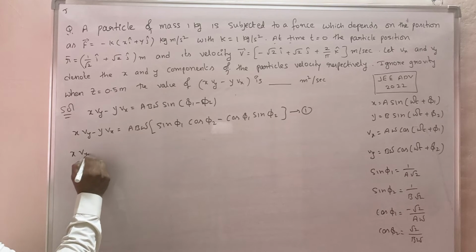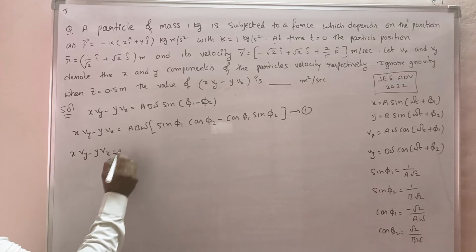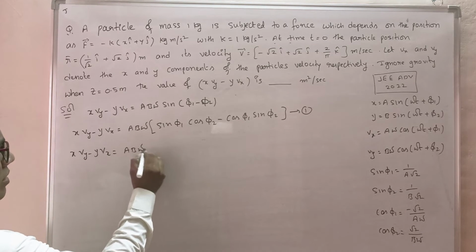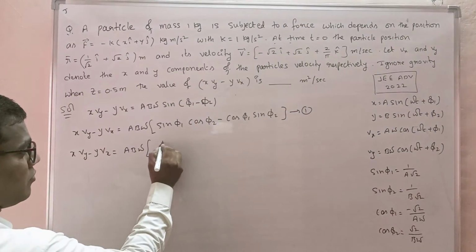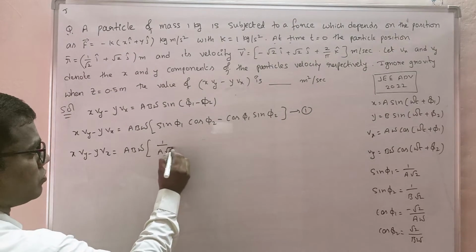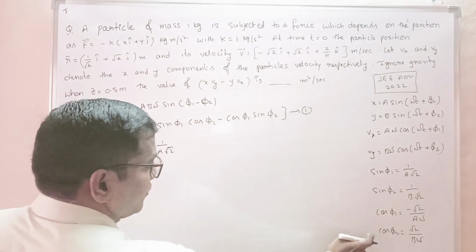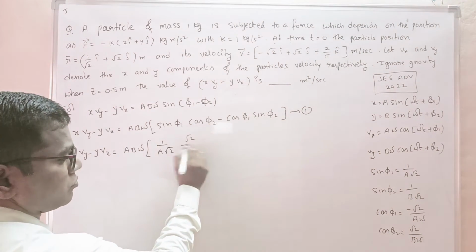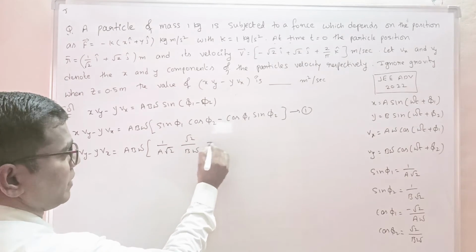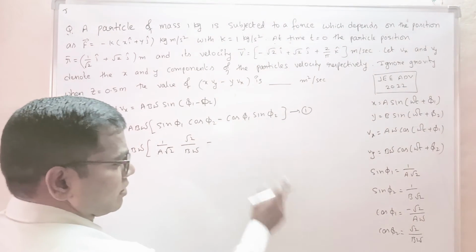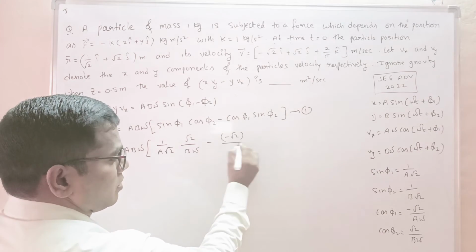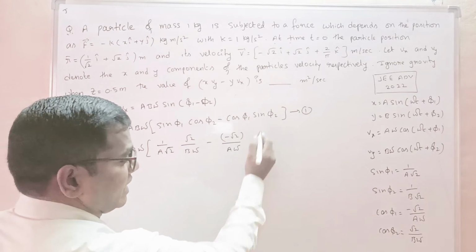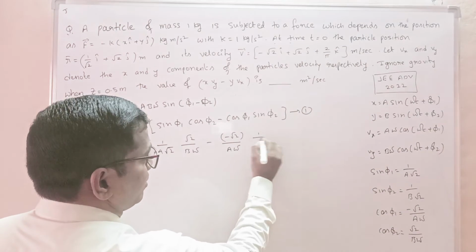x Vy minus y Vx can be written as ab omega, sin phi 1, which is 1 by a root 2, times cos phi 2, which is root 2 by b omega, minus cos phi 1, which I got as minus root 2 by a omega, times sin phi 2, which is 1 by b root 2.